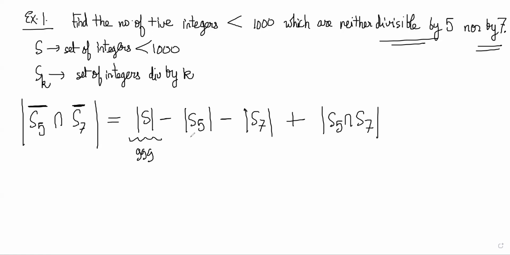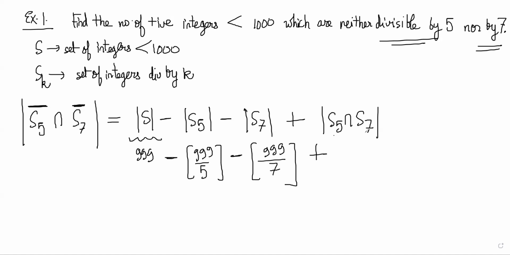The integers less than 1000 which are divisible by 5 will be the GIF of 999 by 5. The integers less than 1000 divisible by 7 will be the GIF of 999 by 7. And finally, the integers which are both divisible by 5 and 7 would be the integers divisible by 35. So that will be the GIF of 999 by 35.